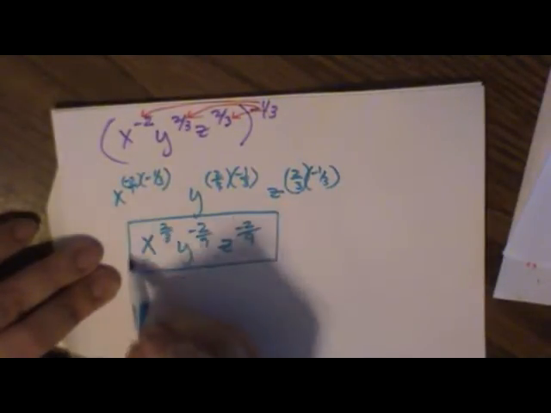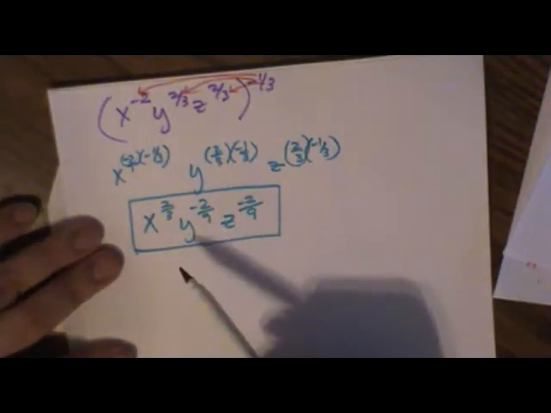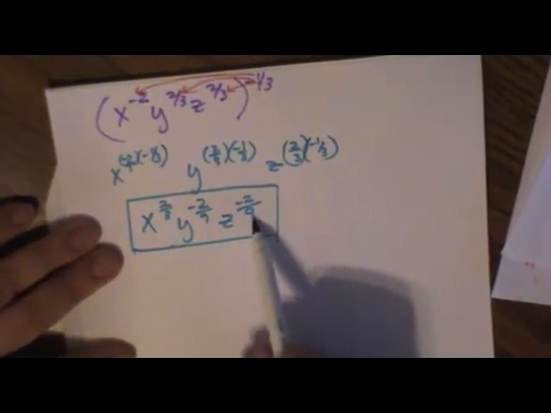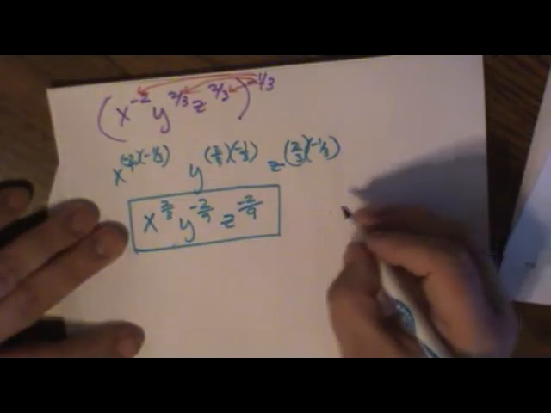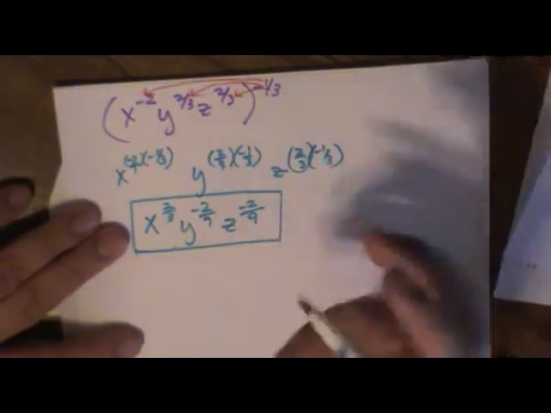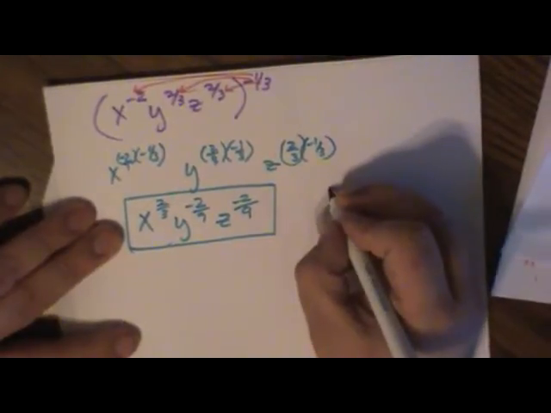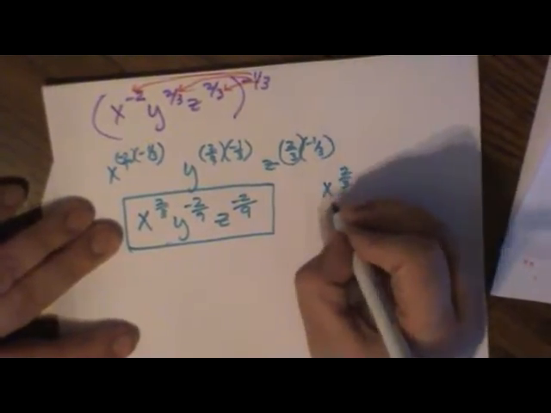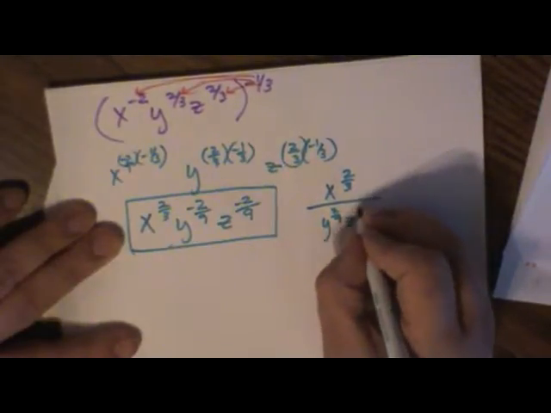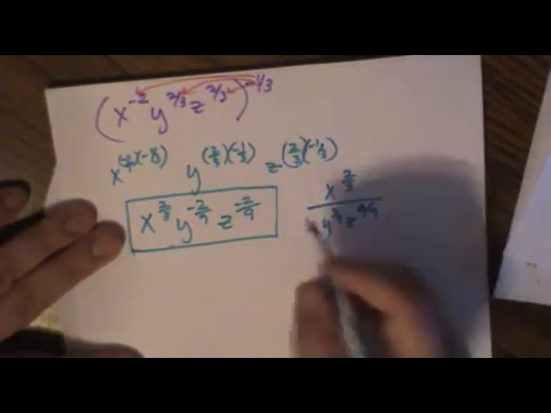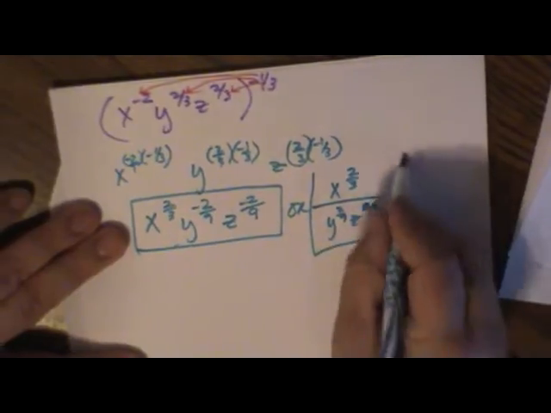Here's our answer. Again, if we don't want negative exponents as our answer, we have to write it in this form. But then we have fractions and fractions. Both of those answers are correct.